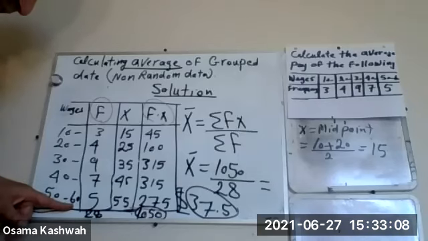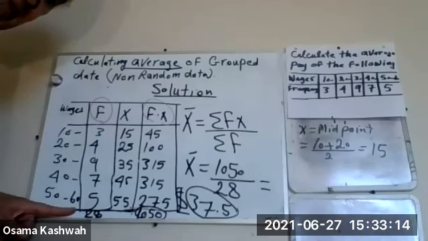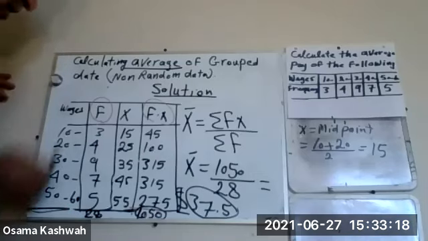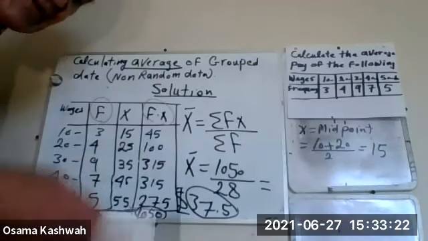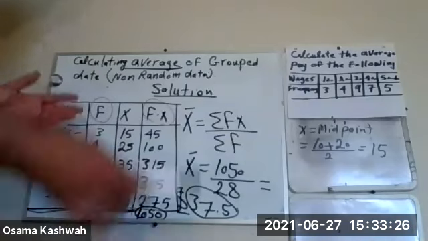Between 50 and 60, this is closed. We call it a closed denomination because we must close this table. We cannot leave it like this. So this is also 10. So as long as the length of the denomination is fixed and never changes, it's always 10, not once 10, once 8.